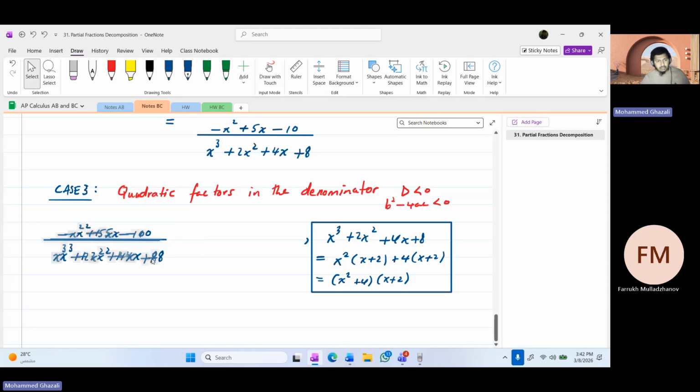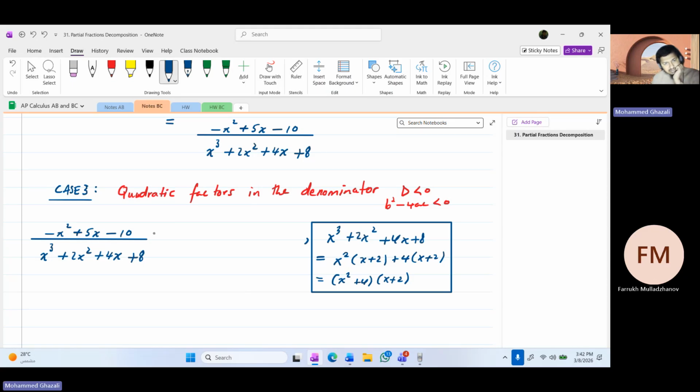Now, how do I go about decomposing this? So I will write it over the different factors that I have. This is actually equivalent to minus x squared plus 5x minus 10 divided by x squared plus 4 into x plus 2. So we're going to say this is equal to x squared plus 4 plus x plus 2.